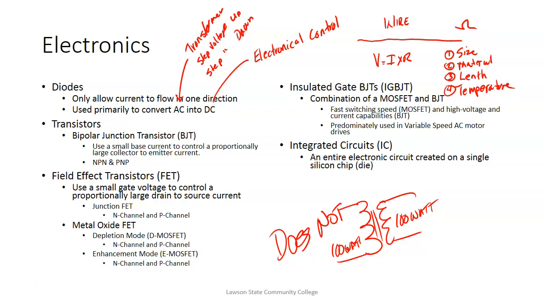So what we're saying though is, if I've got V is equal to I times R, and then power is equal to V times I, well, I would be equal to P over V. So if I'm trying to send you power, the higher I make that voltage, the less current is going to be required to provide you with that power.